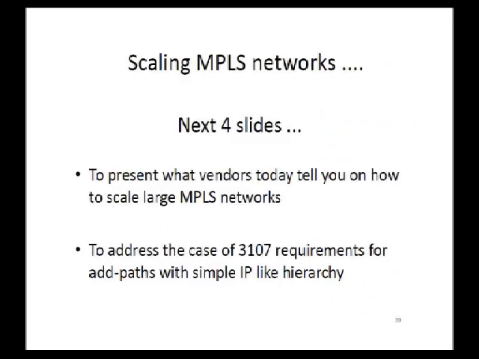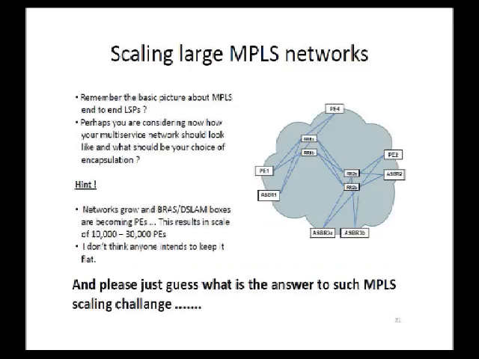Okay. So now let's move back to the MPLS networks, and let's illustrate how the MPLS networks scale, or what the vendors are now telling you about how to scale the MPLS network. So we come back to the flat model, and it is a good model for a medium-sized network.